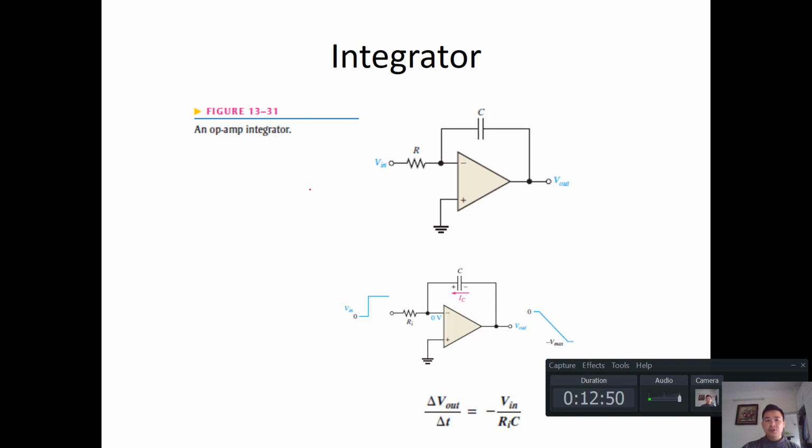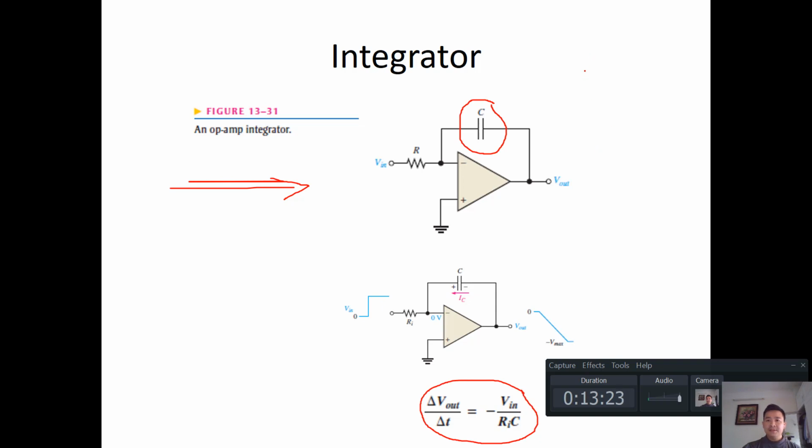The next important one is the integrator circuit. For this op-amp circuit, we use a capacitor at the feedback point. You remember that with the summing or subtractor circuit, we have a resistor at this point, but for integrator circuits we use a capacitor, and by using this capacitor we can have this formula.